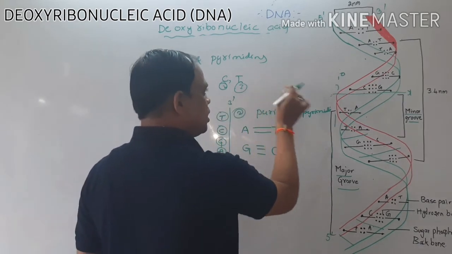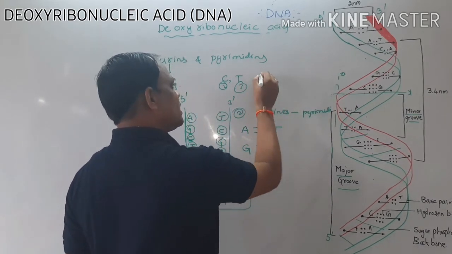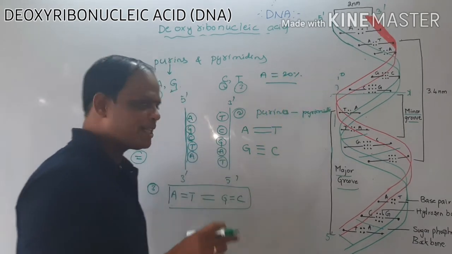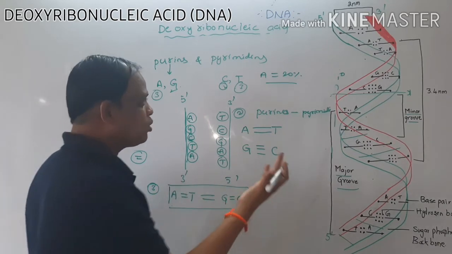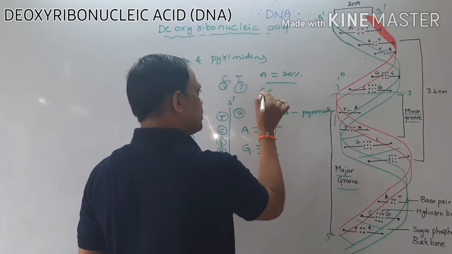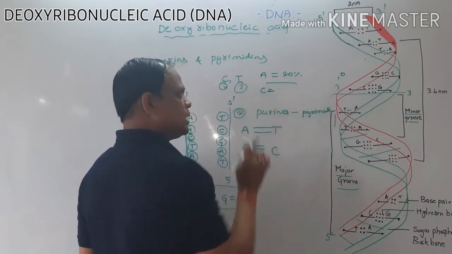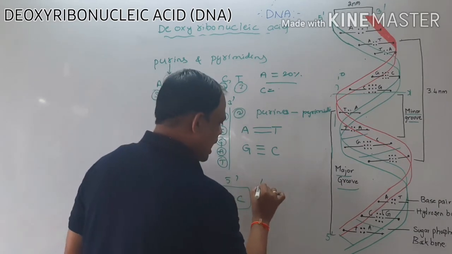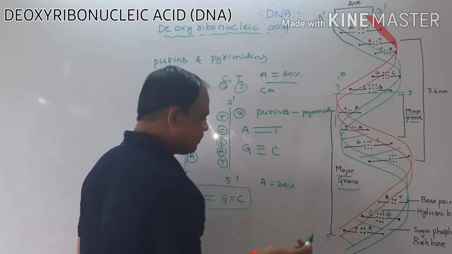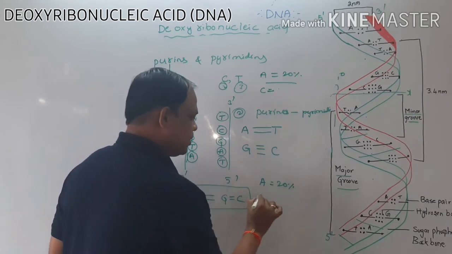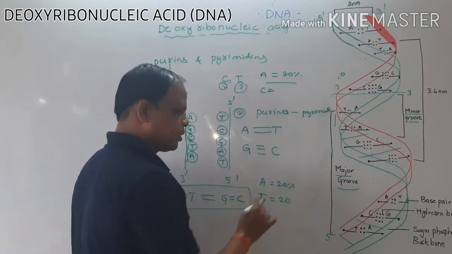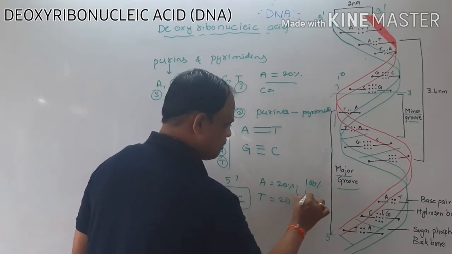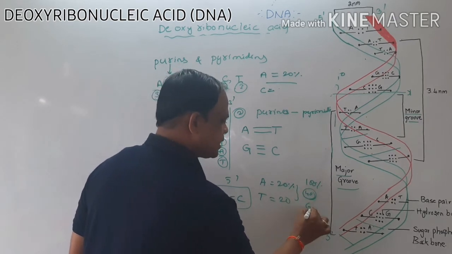For example, in the NEET, one strand of DNA can contain adenine at 20%, and what is the percentage of cytosine? Based on Chargaff's rules, adenine is 20%, and adenine is bound with thymine, also 20%. The total is 100%, so 40% is completed, and the remaining is 60%.